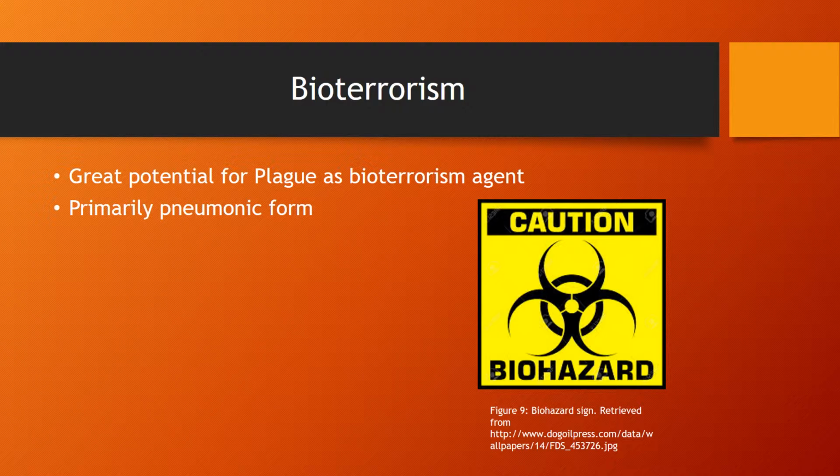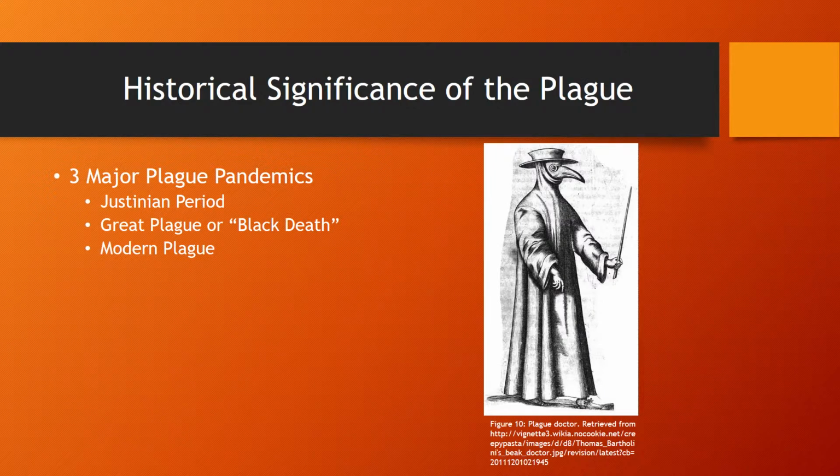If you were able to create an organism that was easily transmissible through the inhalation route, then considering how deadly the form is, and the fact that we don't have a lot of the plague right now, and physicians might mistakenly diagnose it as something else at first, it could allow for potentially high mortality and morbidity.